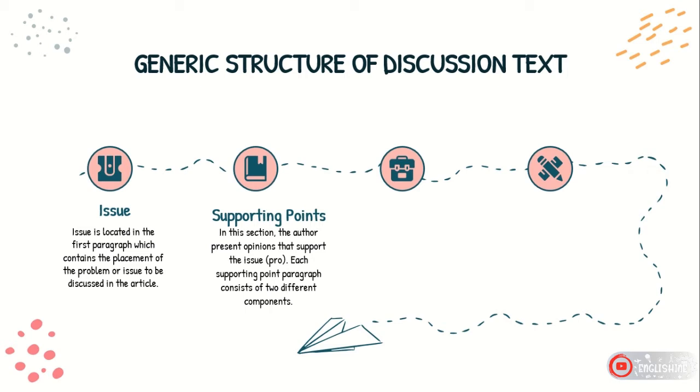And the next one is supporting points. In this section, the author presents opinions that support the issue. In each paragraph, the supporting point consists of two components, including the main idea of the paragraph and an elaboration or description of the main idea of the paragraph.